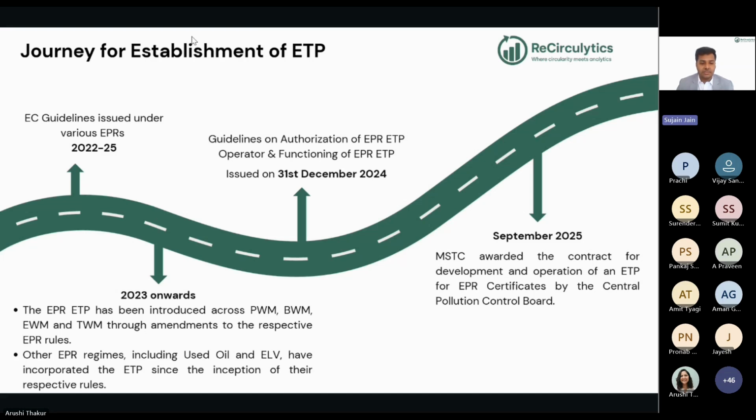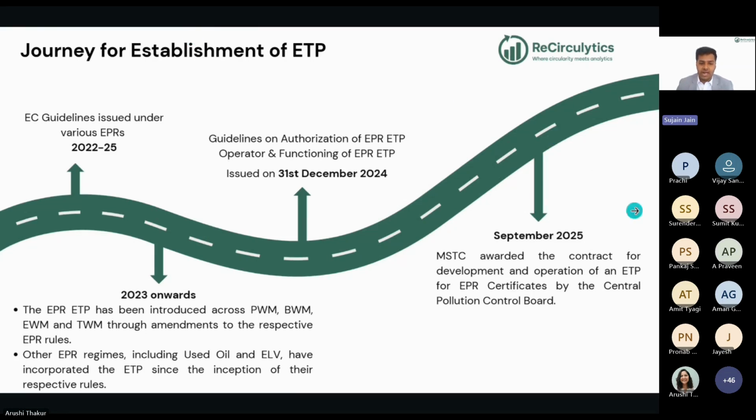For other EPR regimes like used oil, ELV, and upcoming regimes like construction and demolition waste and non-ferrous metal scrap, the rules have been incorporated with the electronic trading platform since inception. Post that, in December 2024, guidelines were issued for authorization of an electronic trading platform operator and how the whole electronic trading platform will function.